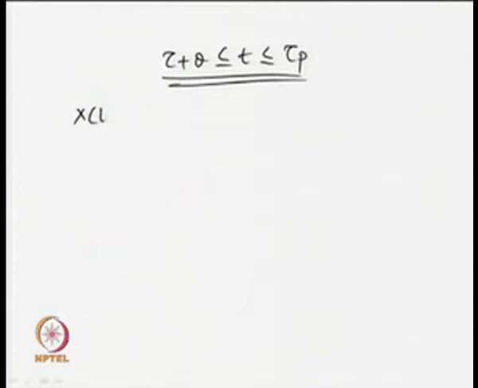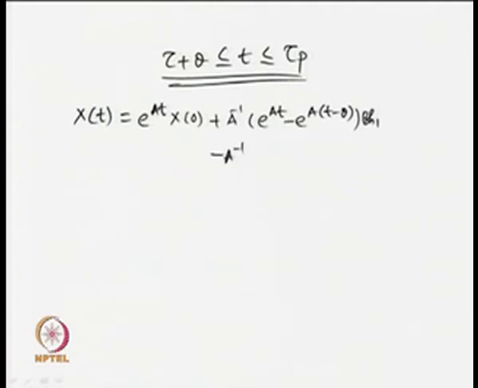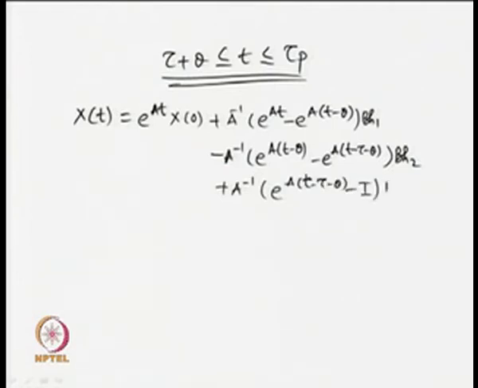The state variable will assume the form e to the power A t x(0) plus A inverse [e to the power A t minus e to the power A(t minus theta)] B h1 minus A inverse [e to the power A(t minus theta) minus e to the power A(t minus tau minus theta)] B h2, then plus A inverse [e to the power A(t minus tau minus theta) minus the identity matrix] B h1.